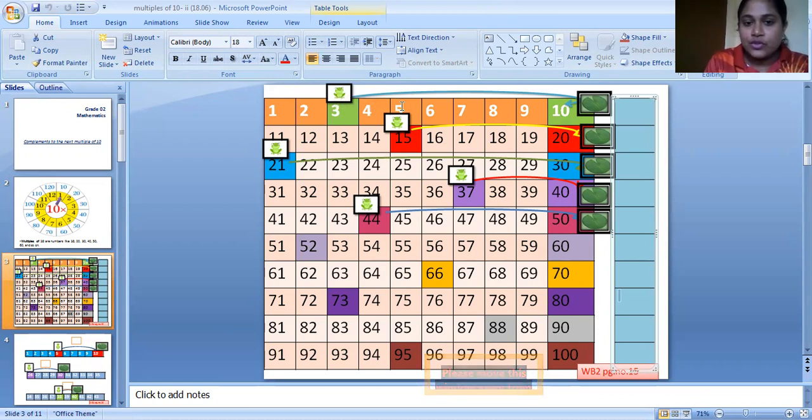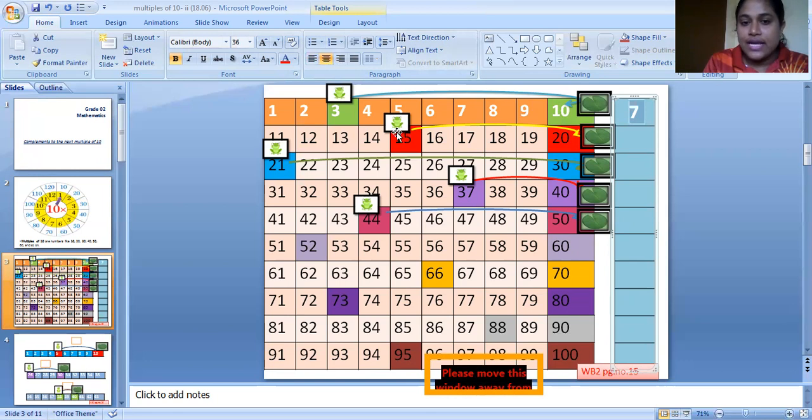1, 2, 3, 4, 5, 6, 7. It should jump 7 times to find its lily pad. Now the second line.